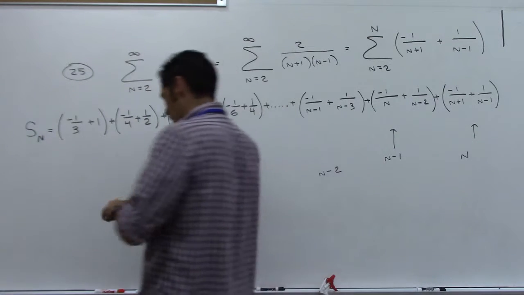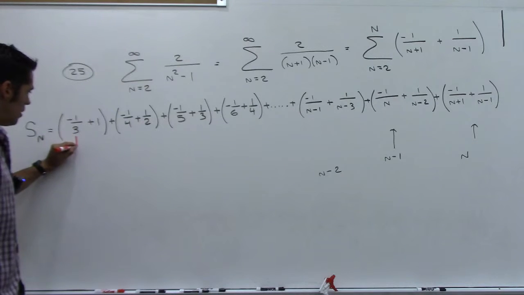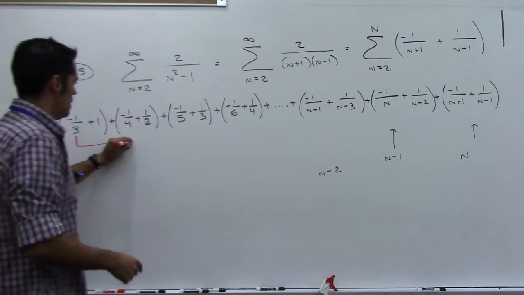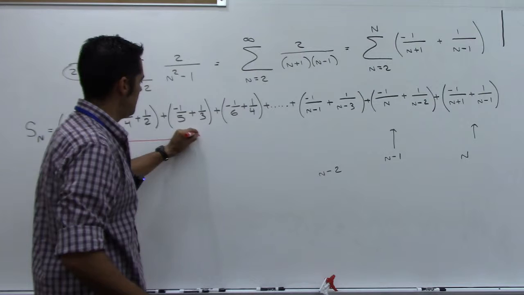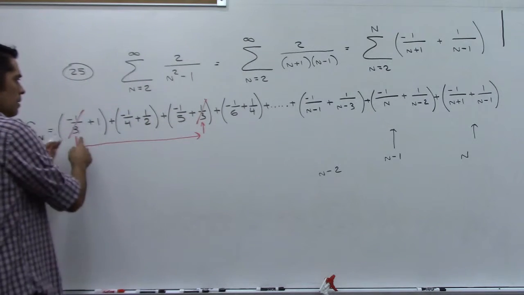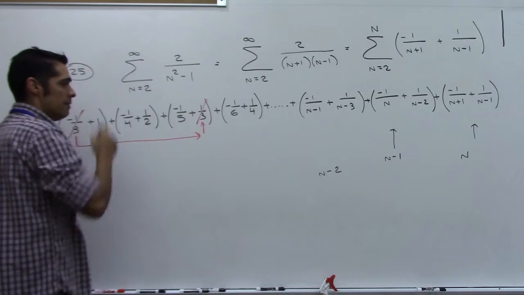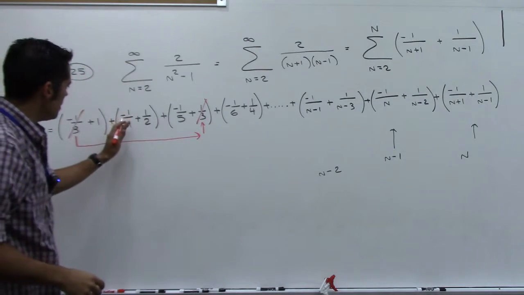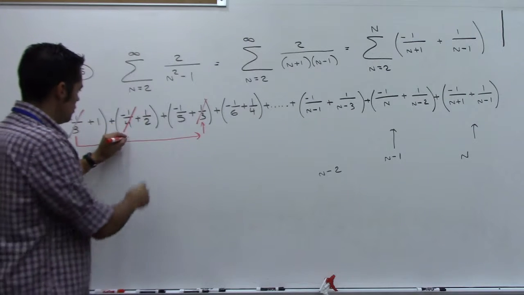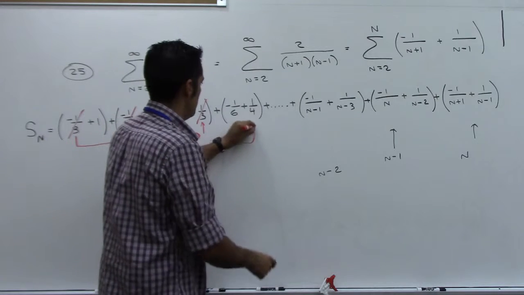So notice that the first number in the first parenthesis is going to be killed off by the second number 2 parentheses away.